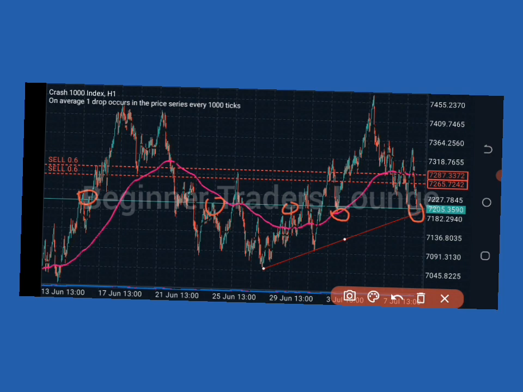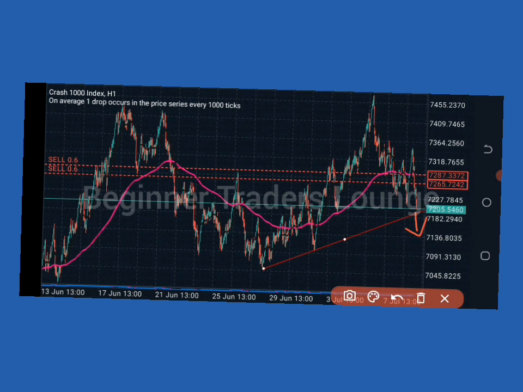So when it hits the trend line, I'll wait to see what will happen before I take the trade, or wait for it to break down. And even if it breaks this trend line down, I'll still have to wait for confirmation to know whether I'm to go short. Going short means to sell, and going long is to buy.